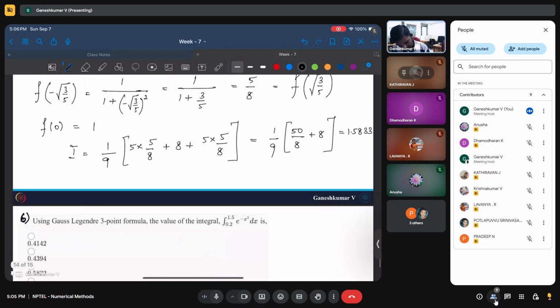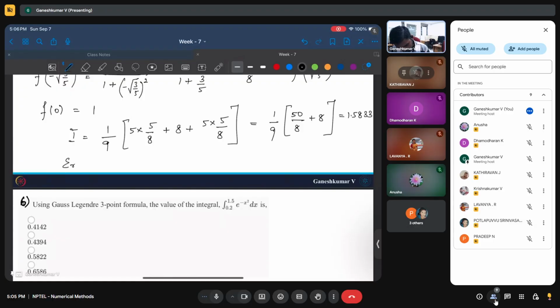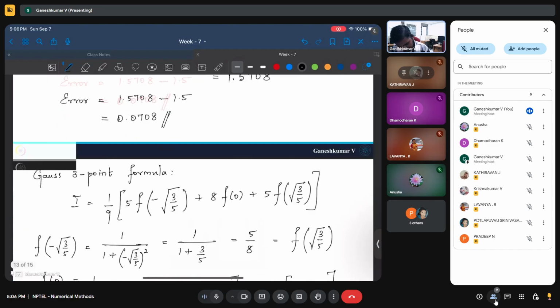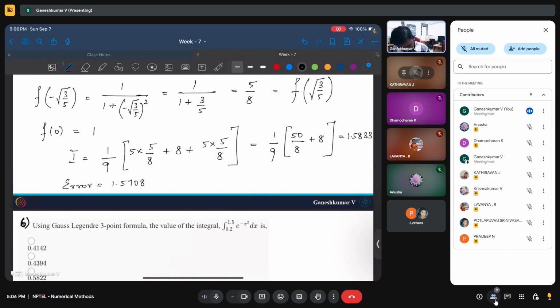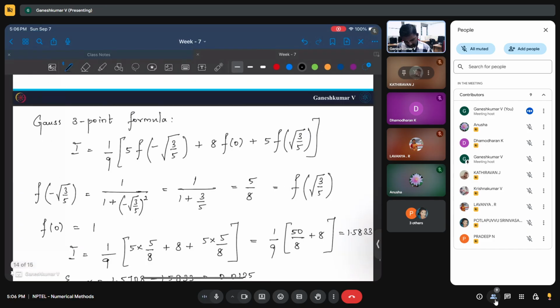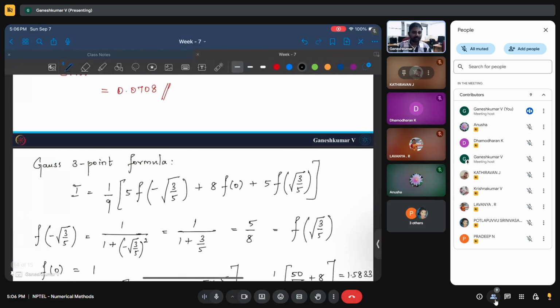Okay, so now let's find out the error. The error is 1.5708 minus 1.5833, which is about 0.0125. So this is much lower than the Gauss 2-point formula. So as you increase the number of points, you're going to get closer to the result.